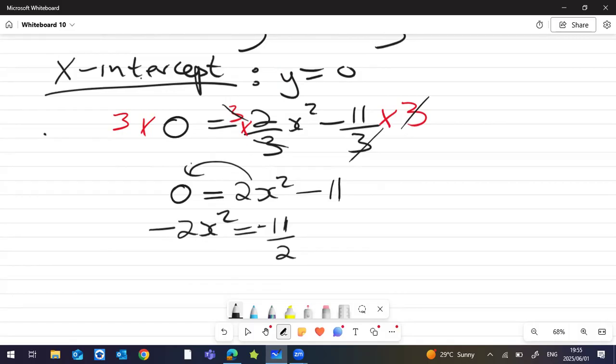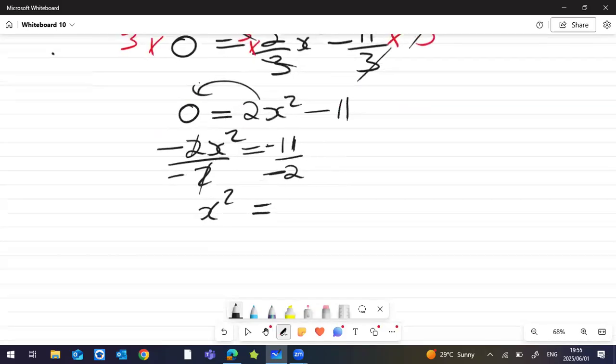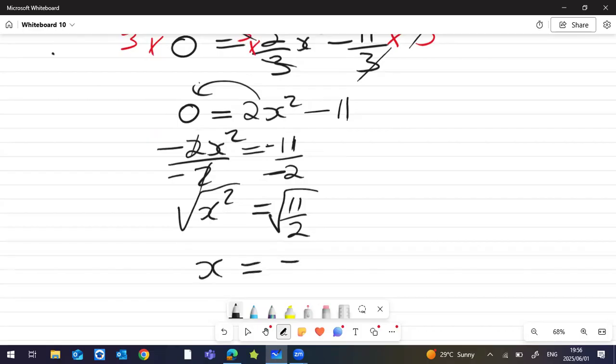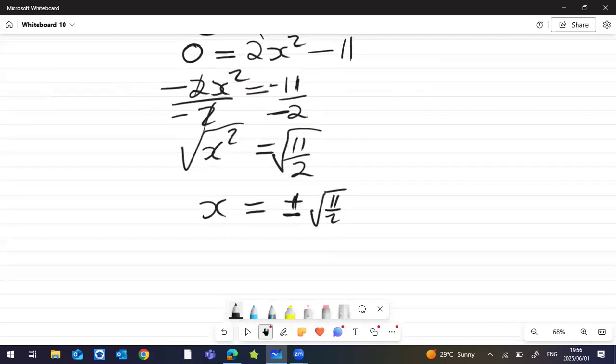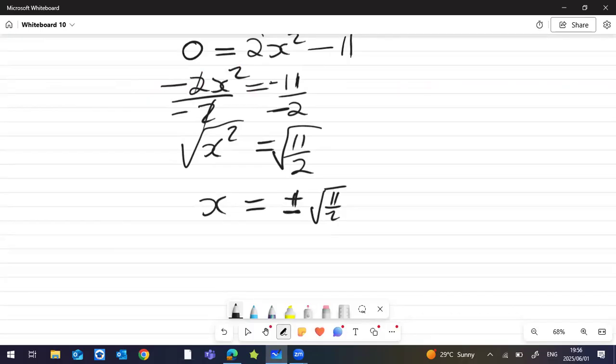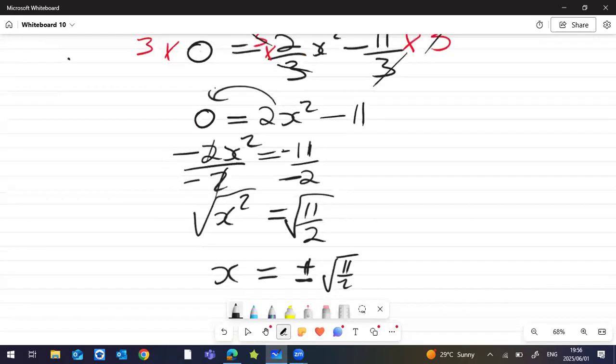I have divided by negative 2 both sides. Therefore, x squared equals 11 over 2. Taking the square root both sides, x equals plus or minus the square root of 11 over 2. We can use a calculator to find the square root of 11 over 2.